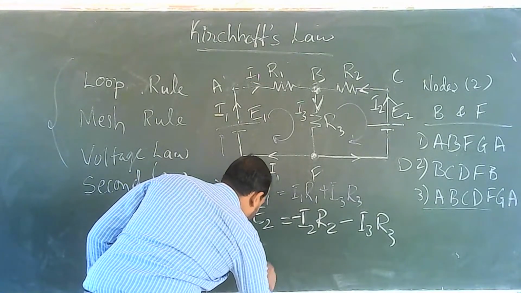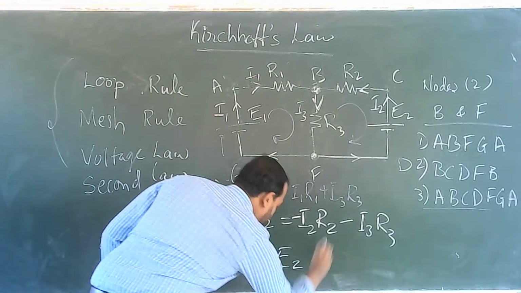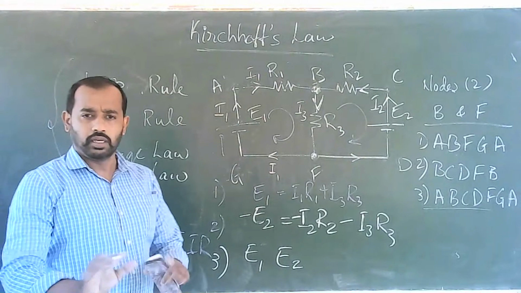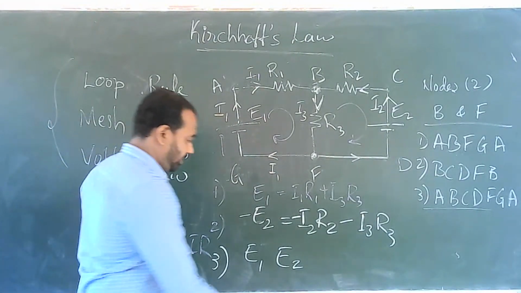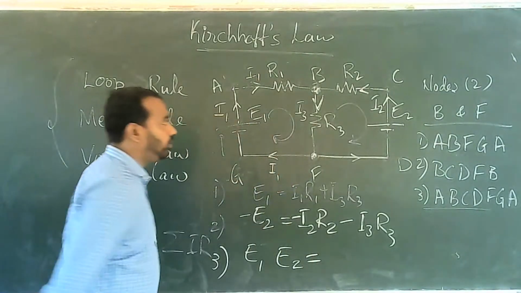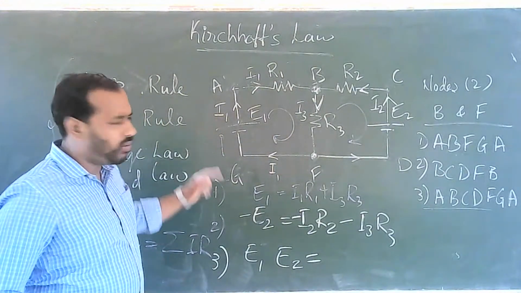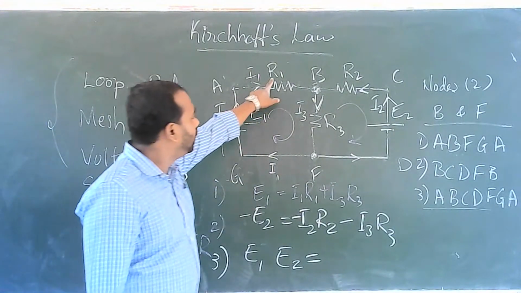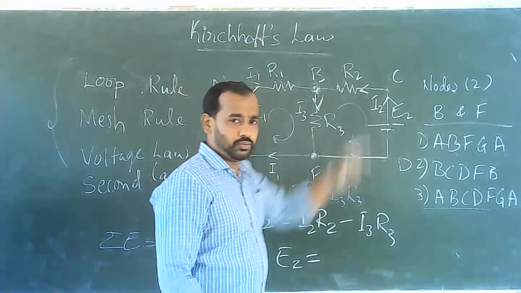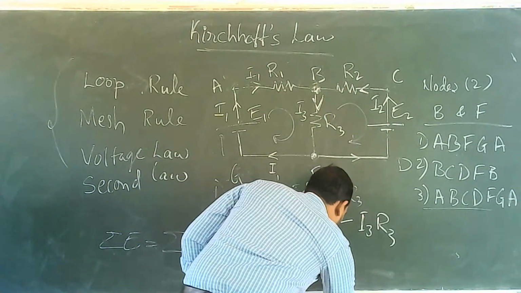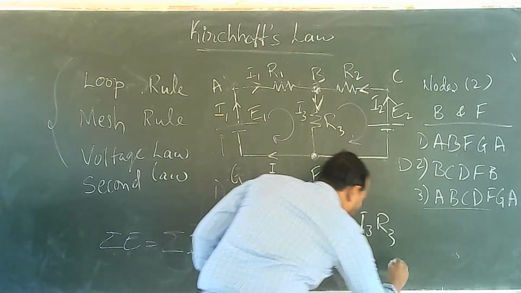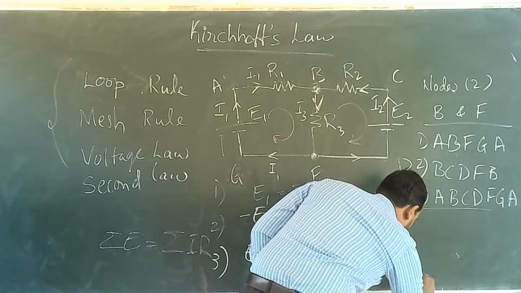So, I will write the EMFs of both the cells, E1, E2. Again, not placing any sign convention. That should be equal to the IR drops. How many IR drops are involved? Only two IR drops. Which ones? I1 R1, I2 R2.